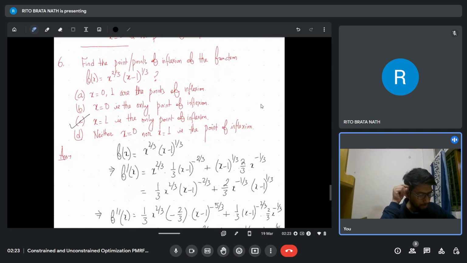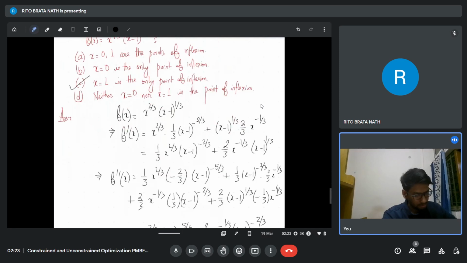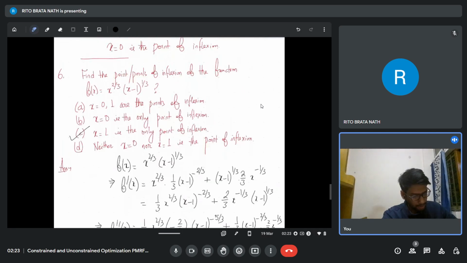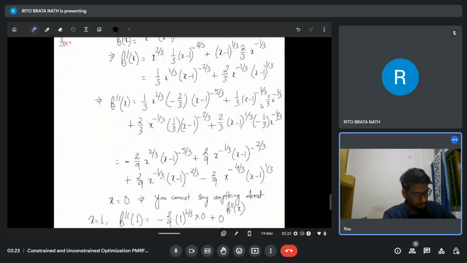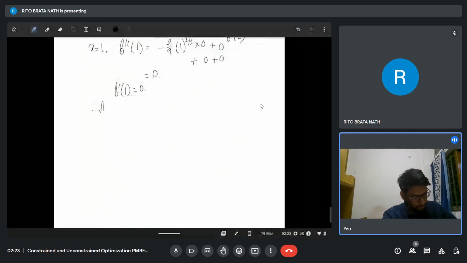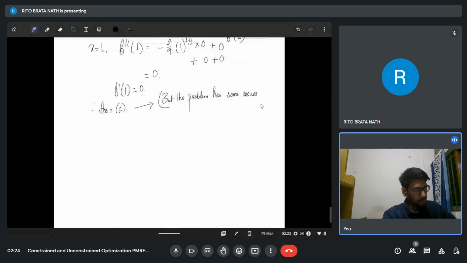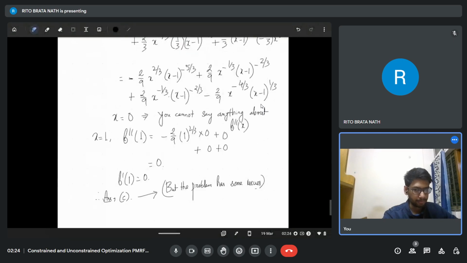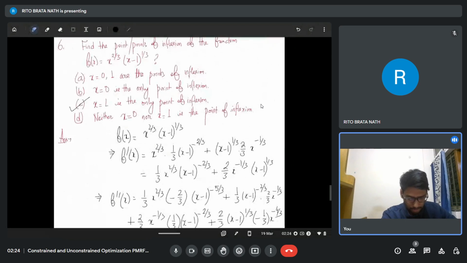But I don't know why the answer is given as C, because this problem again as before has some flaws, but okay, I'll write the answer as C, but the problem has some issues. Anyway, let's not get into the details of it. I don't know whether they will evaluate these problems anyway, but let me check one more thing.